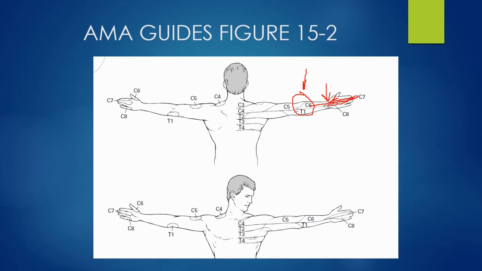So let's talk about some of the physical examination findings here in just a minute that are specific to lateral epicondylitis that will distinguish it clearly from cervical radiculopathy. But before we do that, let's talk about some of the specific causes and specific types of repetitive motions that are associated with the development of this condition.